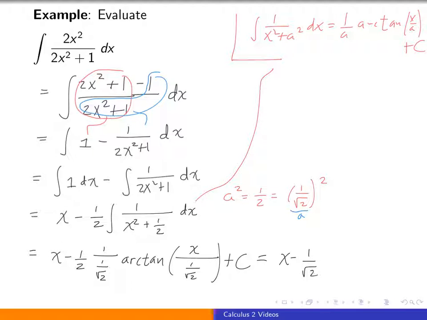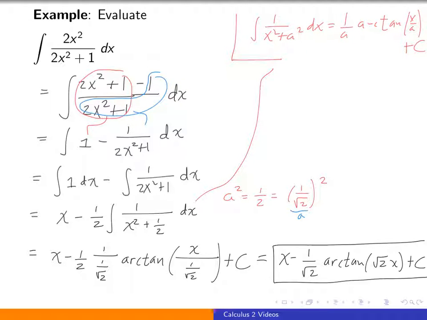That simplifies to just 1 over root 2. Dividing by a fraction is multiplying by its reciprocal, so we get square root 2 x plus c. Keep in mind when it comes to evaluating antiderivatives, where we are at this point, we can use substitution or use algebraic manipulation to get back to our common antiderivatives.